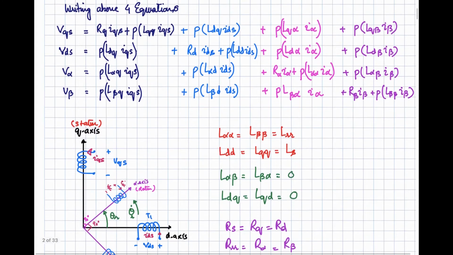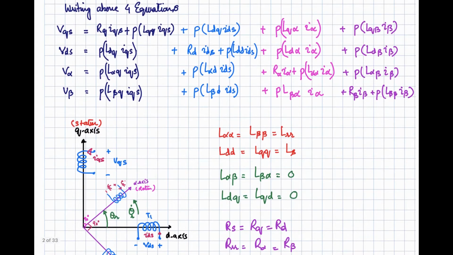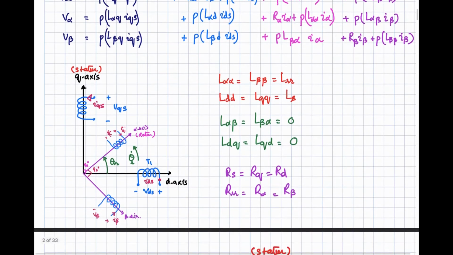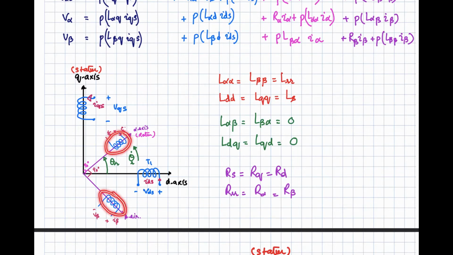Now let's talk about the inductances, how the inductances are going to vary. First of all, alpha axis inductance and beta axis inductance. These are the inductances of the rotor, so we are going to represent them as LRR. Those will be equal because we are considering balanced winding. The number of turns here and here, the winding structure will be exactly the same as we have assumed a balanced structure.